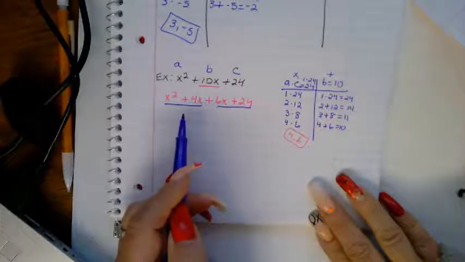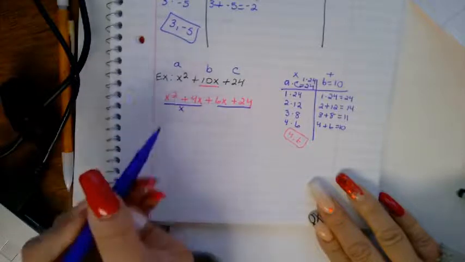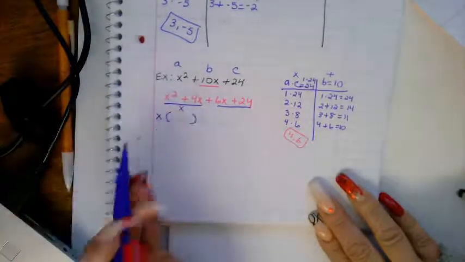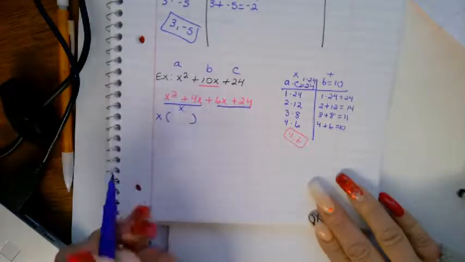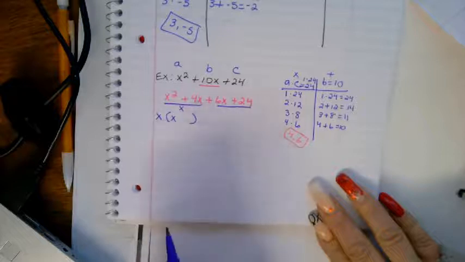X? Yes, I like it. Okay. I always forget to put my x first. So I'm going to put my x, and then we have our parentheses, right? If we divide x squared divided by x, we should be left with an x. And then 4x divided by x, we should be left with the 4, and we need to put in that plus sign, right?